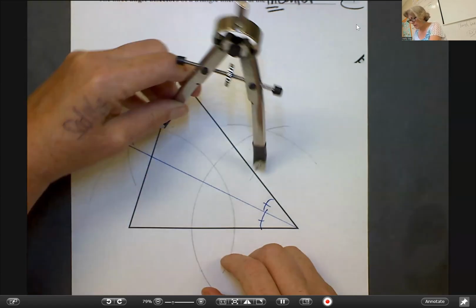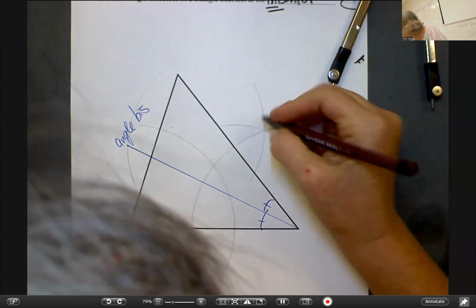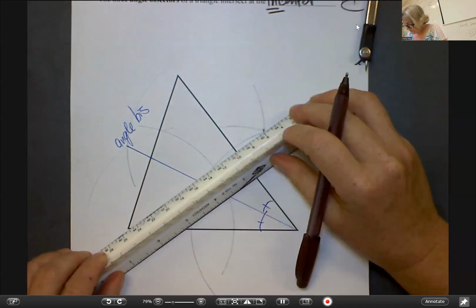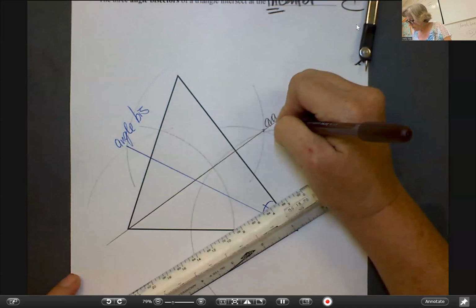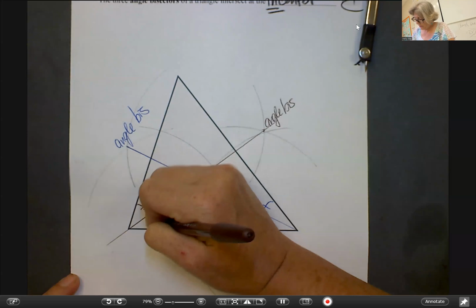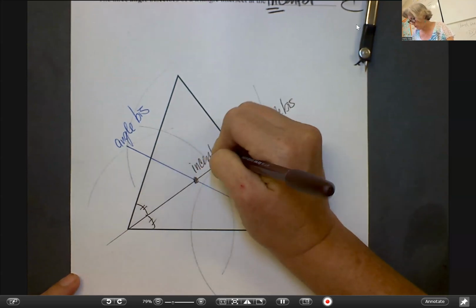Keep track of your intersections. You're going to have things overlapping. So my dimple is right there, my point of intersection. That is an angle bisector, sweep double hatch, and that would make this the incenter.